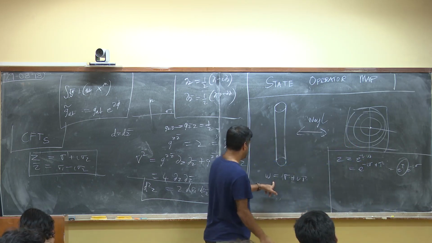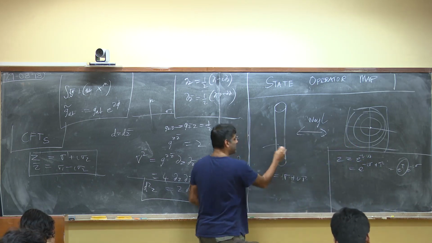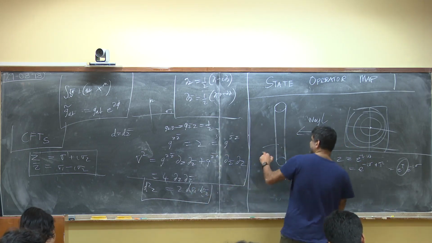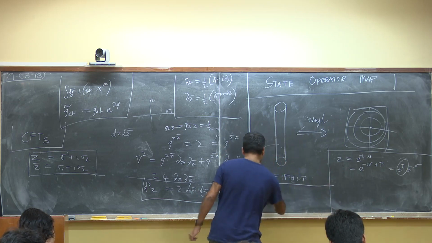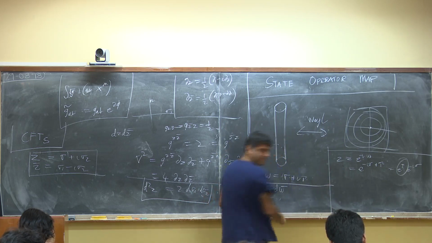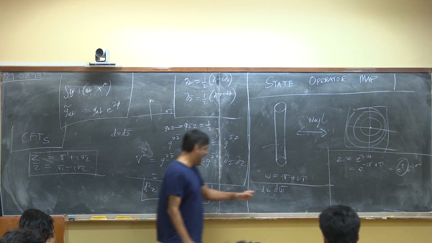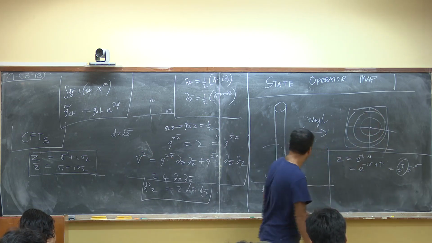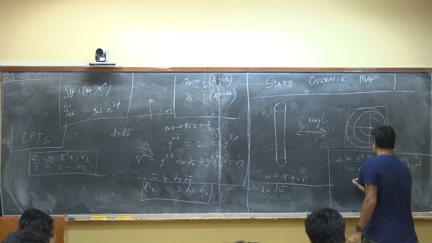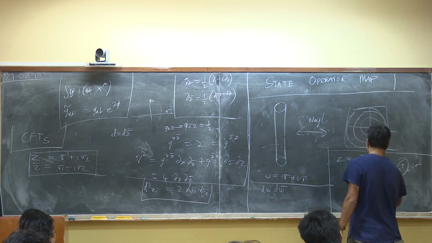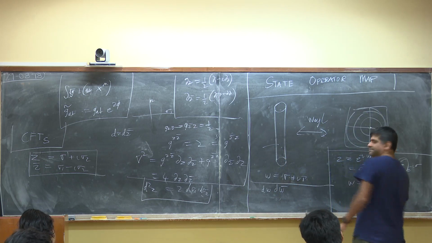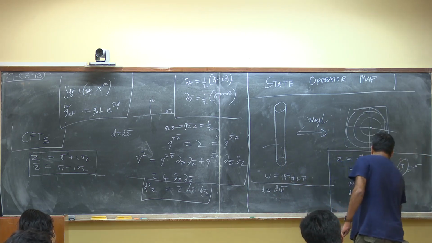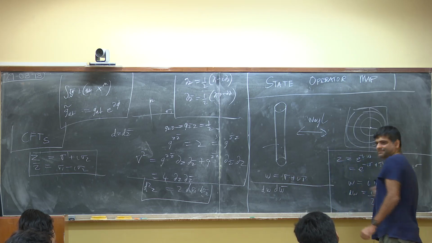So suppose the metric on this space was dw dw bar, and we want to explore what the metric is on this plane. Now let's solve for w. So we see that w is equal to i log z. So dw is equal to i dz by z.